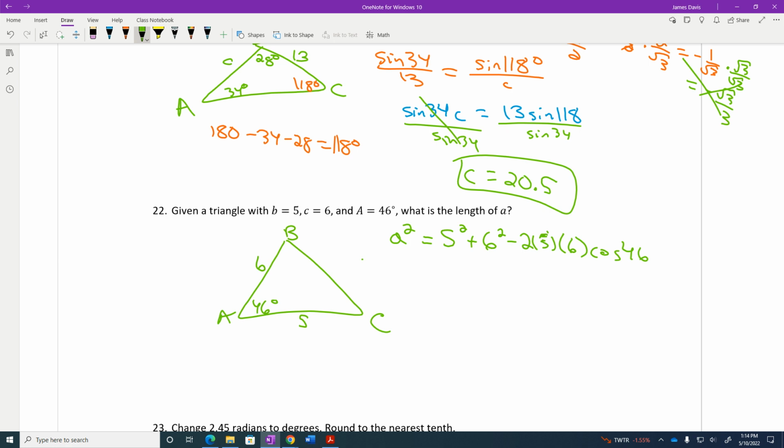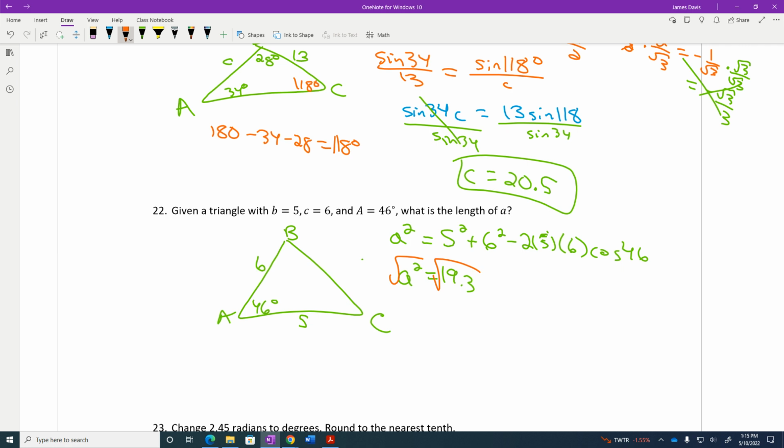And we get 19.3. You might be thinking, well, that seems too big. That's okay because we have to take the square root. So I'll do that. Square root it.